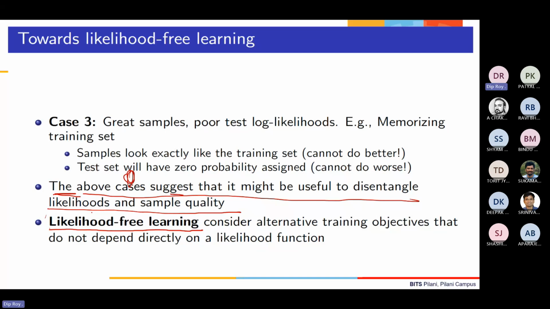And the reason we saw is the very small penalty that we have, which is 4.6. All right. Now let's move towards likelihood free training.